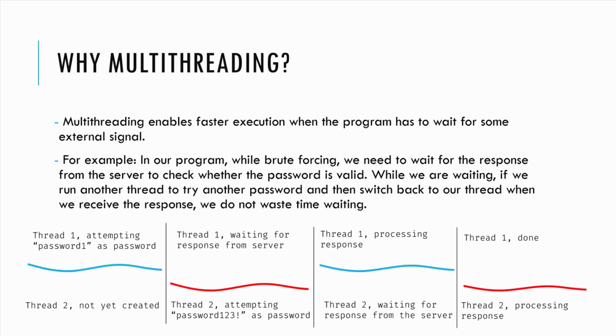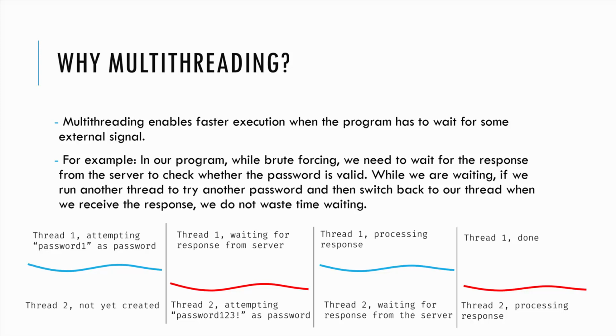So how does multi-threading actually speed up execution? Multi-threading enables faster execution for a program if it has to wait for some external signal. Let us take the example of our previous program where only one thread is running at a time.